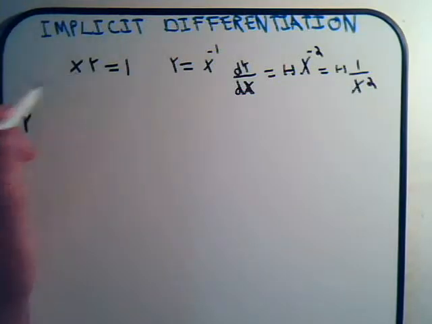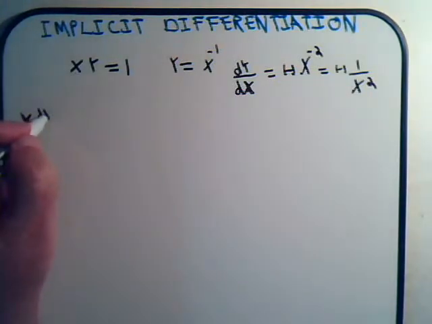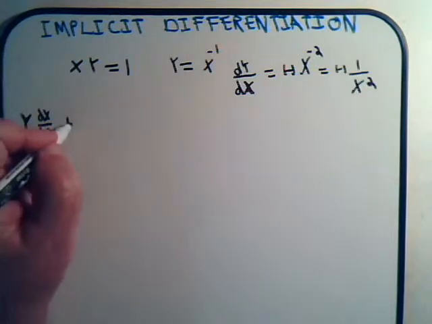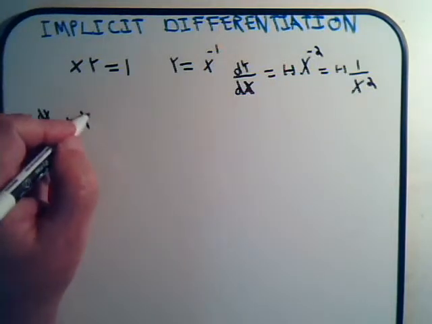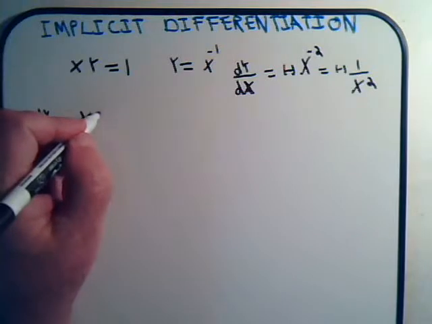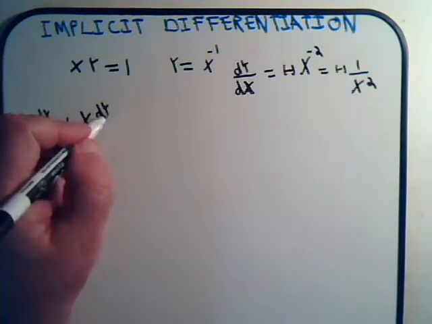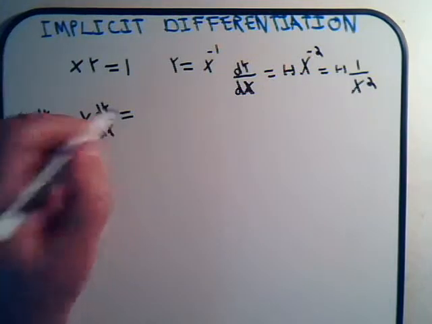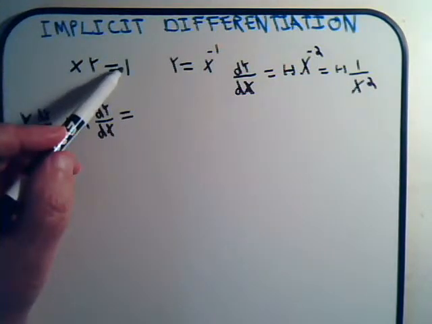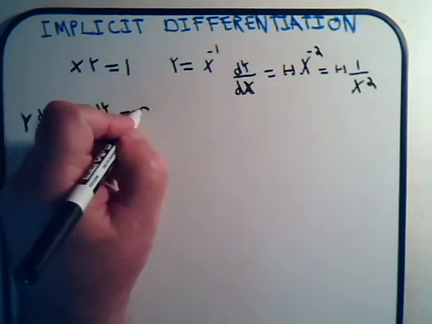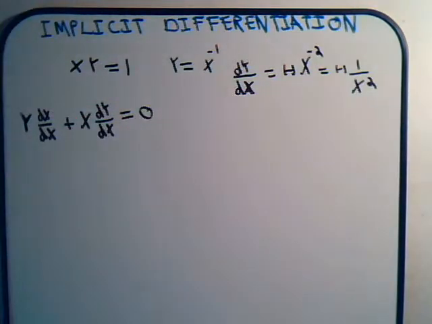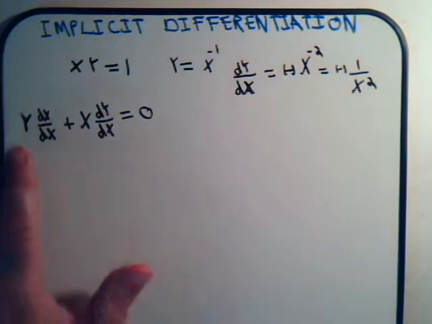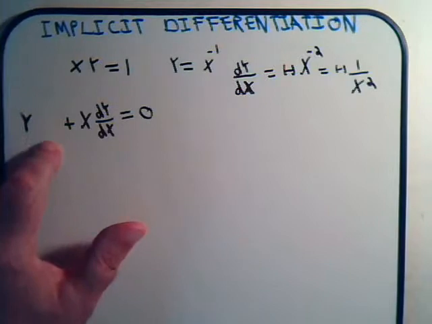So it's y times dx/dx plus x times this derivative, which is dy/dx, and that will equal the derivative of 1. Of course, that's just a constant, so that is 0, and dx/dx, that's just 1.